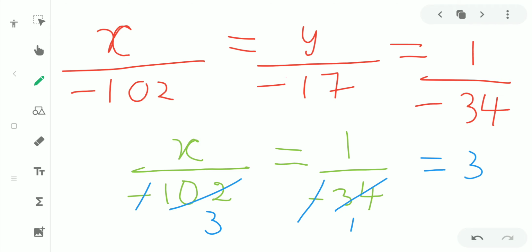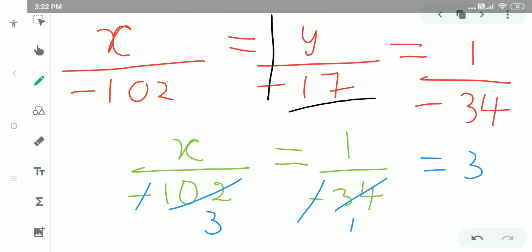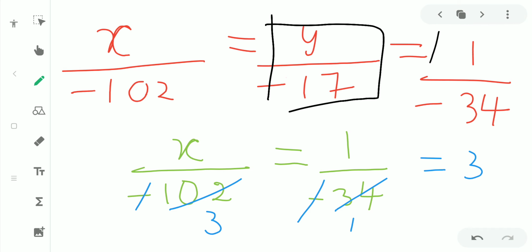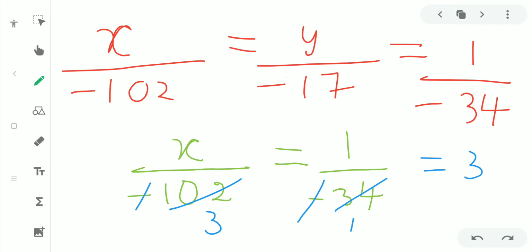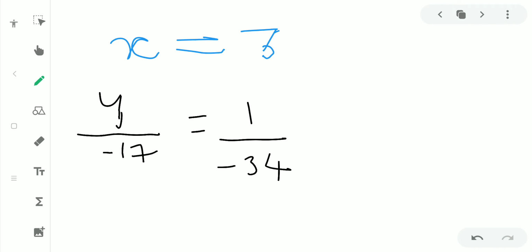So now let us find the value of y. Here also same way. Y by minus 17, which is equal to 1 by minus 34.